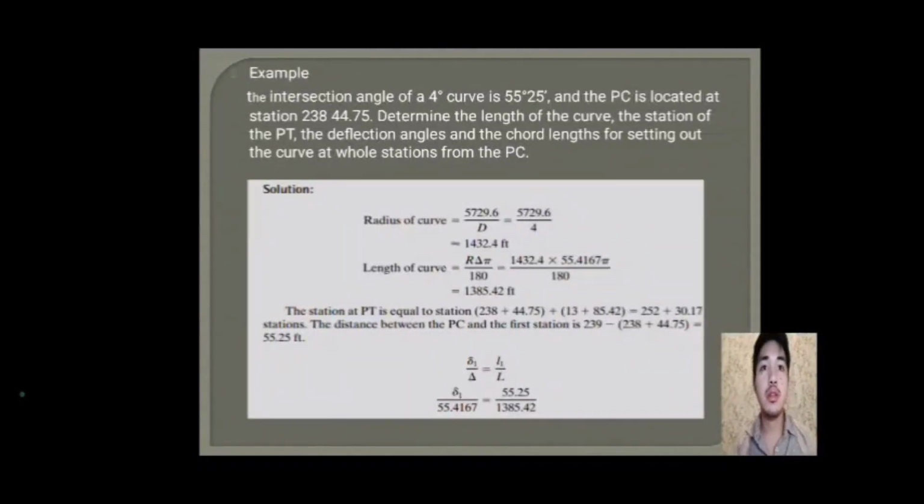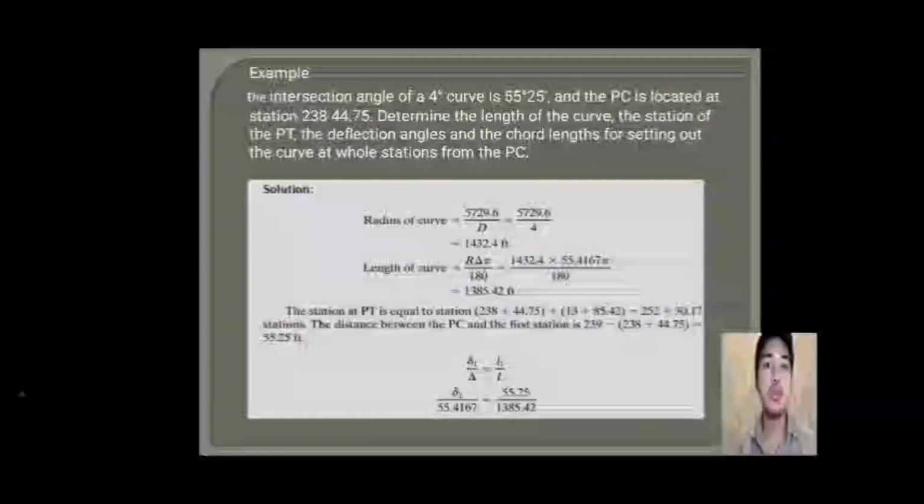Example: the intersection angle of a 4-degree curve is 55 degrees 25 minutes, and the PC is located at station 238 plus 44.75. Determine the length of the curve, the station of the PT, the deflection angles, and the chord length for setting out the curve at all stations from the PC.